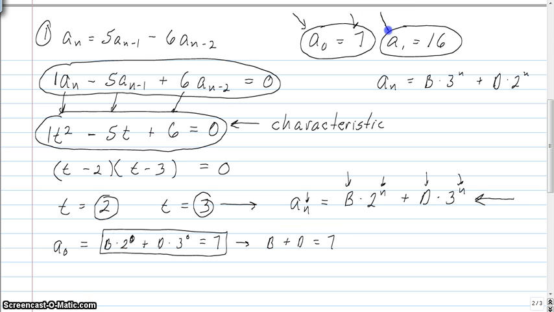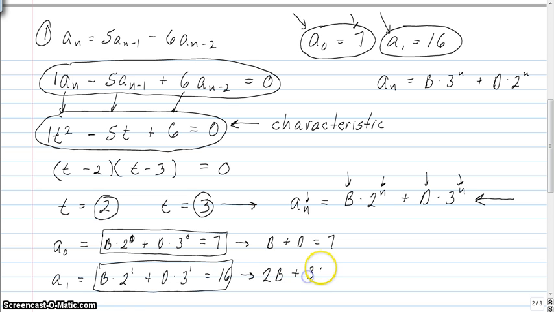Right, so there's one equation with the letters b and d. Now I'm going to apply this second condition, which will give me a second equation with the same two letters. I'm going to plug 1 in for n. And again, focusing in on this piece of the equation, that gives me that 2b plus 3d equals 16.